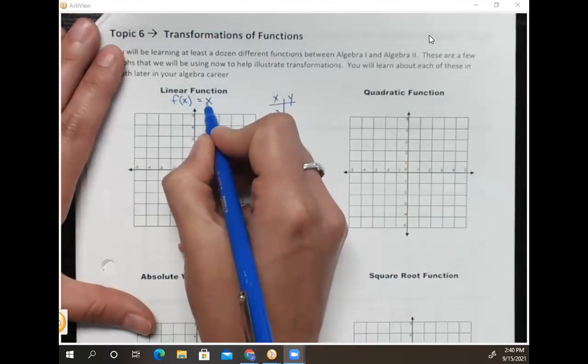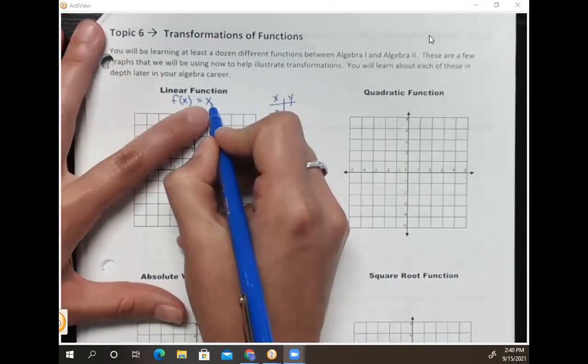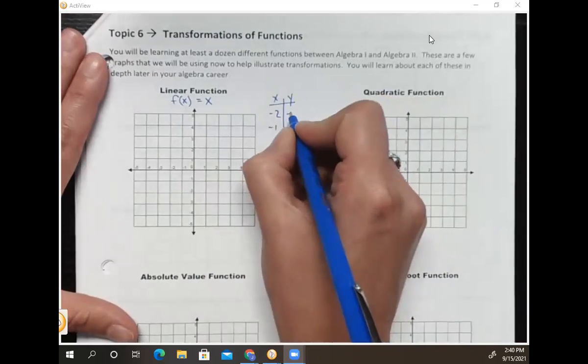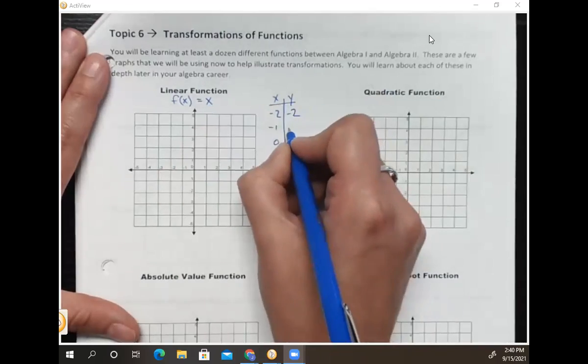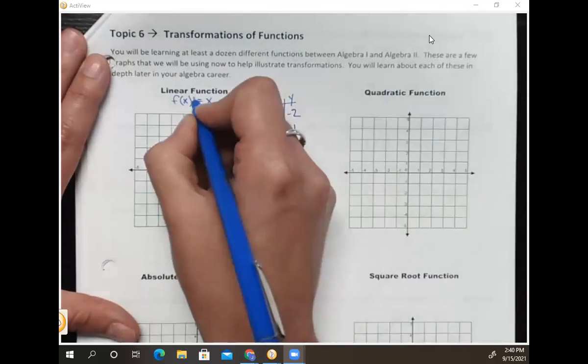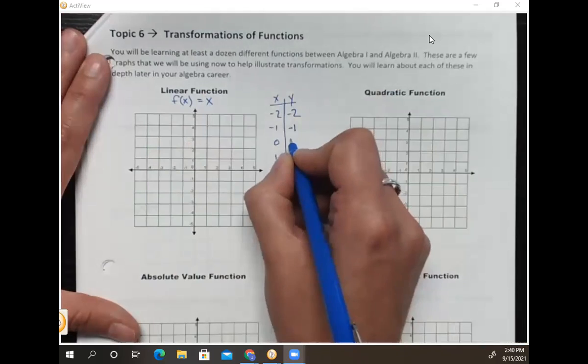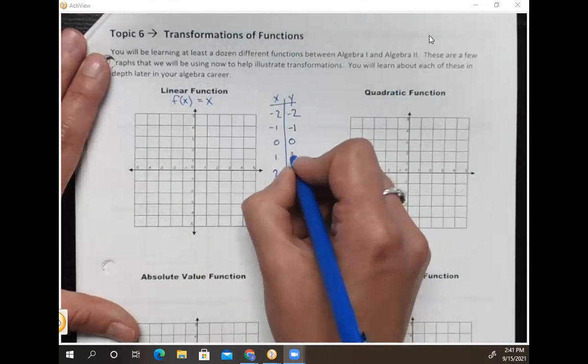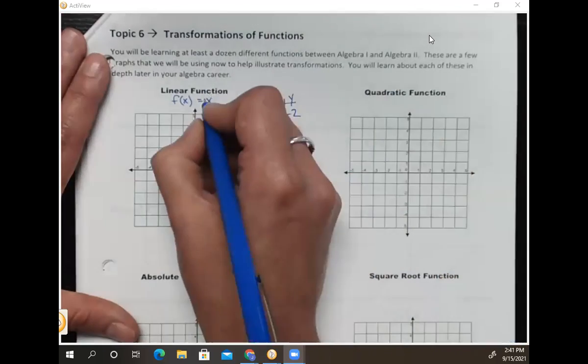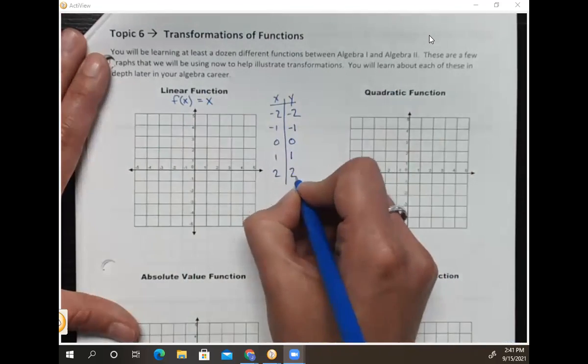If I plug in -2, then I would have f of x equals -2, or y equals -2. If I plug in -1, I would have f of x equals -1. If I plug in 0, I would have y equals 0. If I plug in 1 here, I would have y equals 1. If I plug in 2, I would have y equals 2.